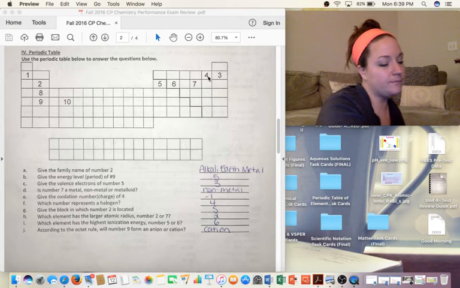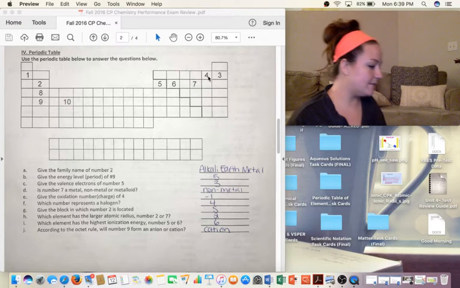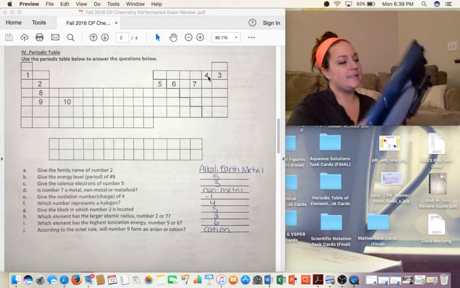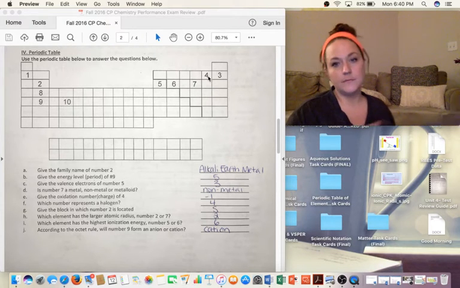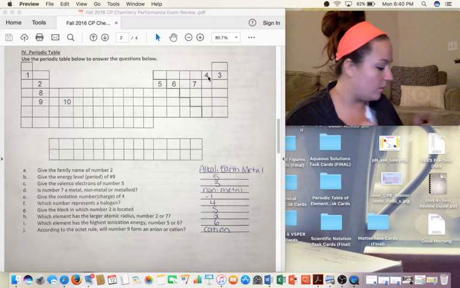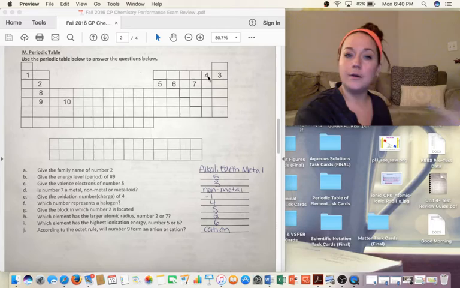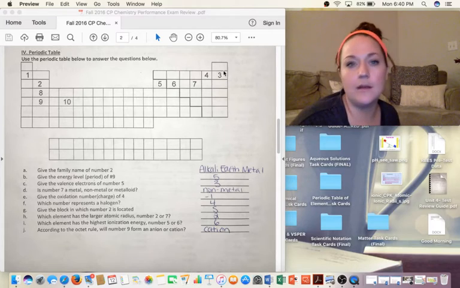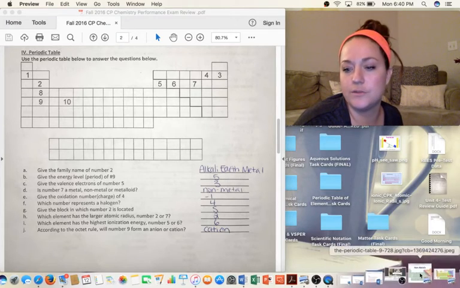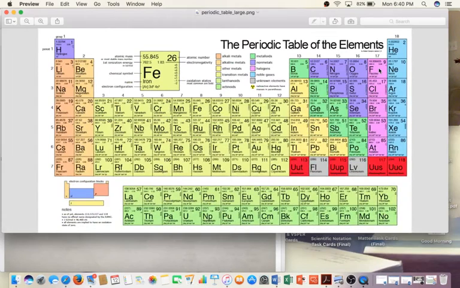Remember that it is easier to bring 1 valence electron over than it is to take 7. So what's happening is this, and I'll bring up exactly which ones are which. So we have fluorine.